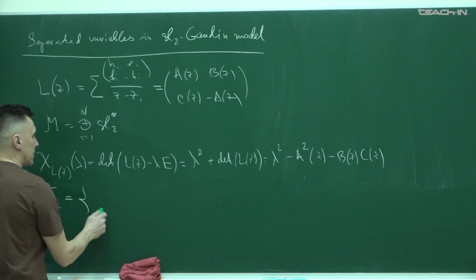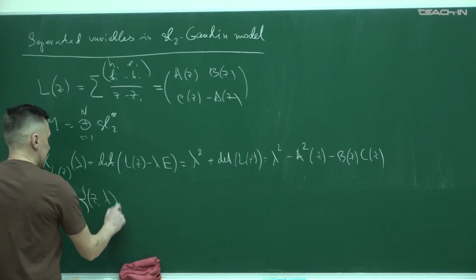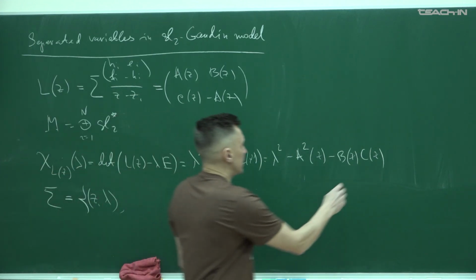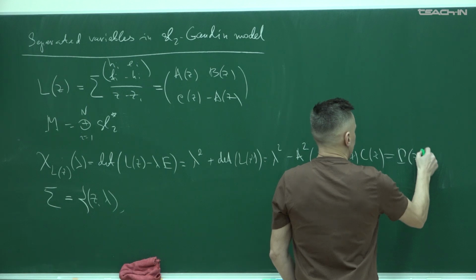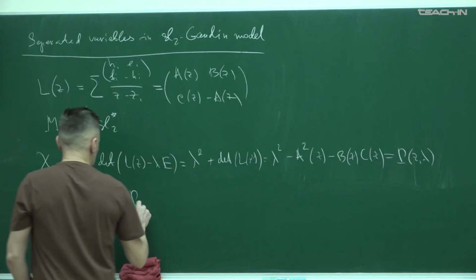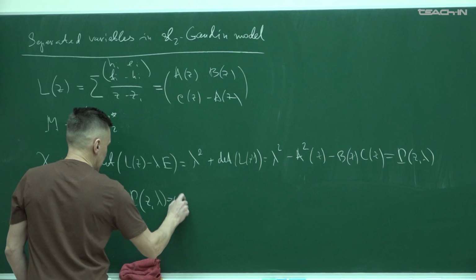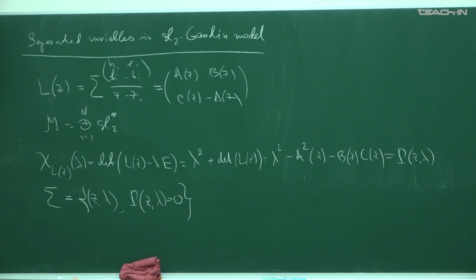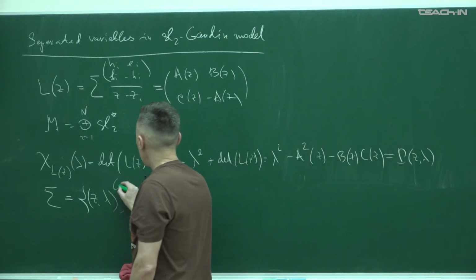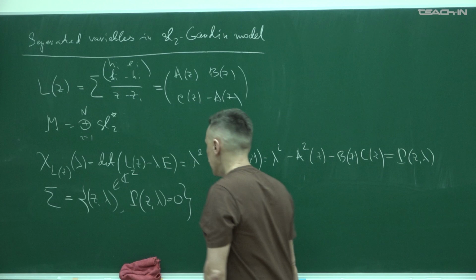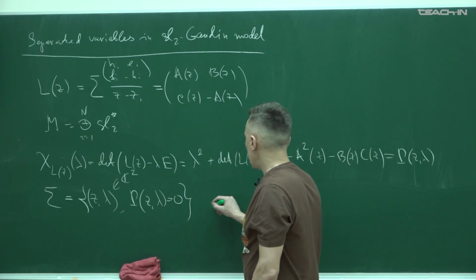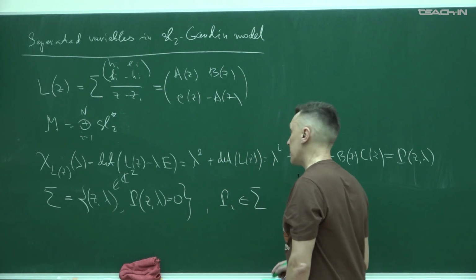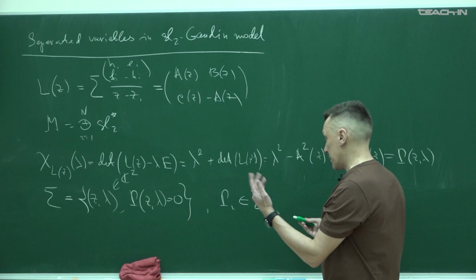It is the curve of points such that P of Z and lambda equals zero, so it is a curve defined by this equation in C2, and we introduce points Pi on this curve, which is defined by the following variables.